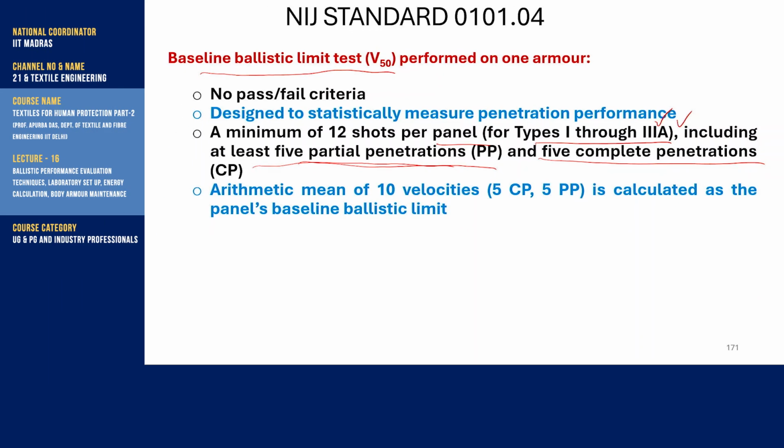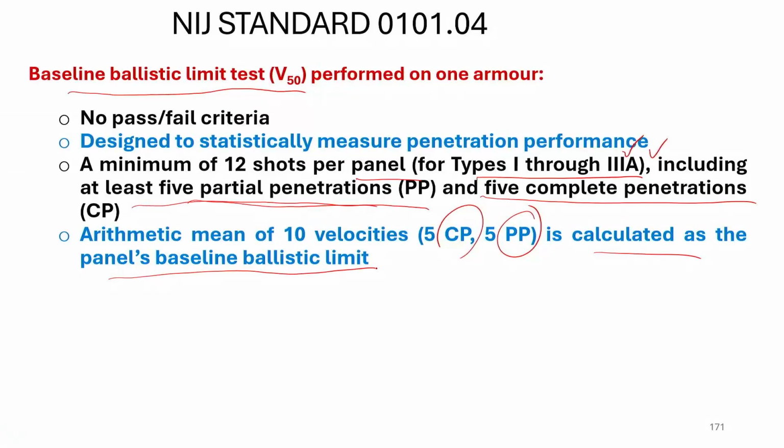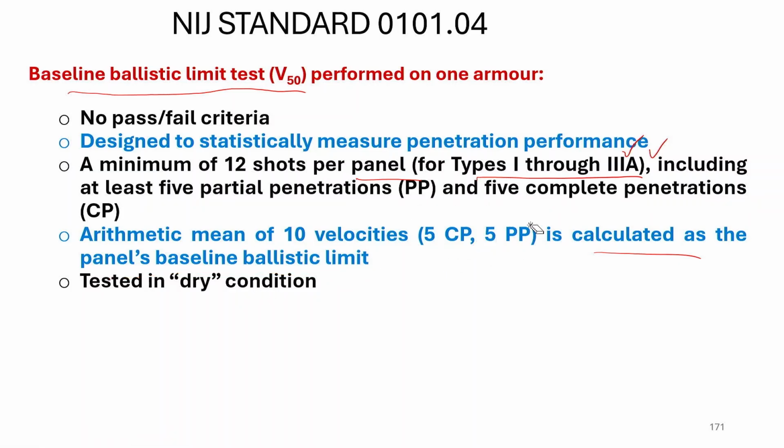Then the arithmetic mean of 10 velocities, 5 for complete penetration and 5 for partial penetration, is calculated as the panel's baseline ballistic limit. So, first we are calculating the baseline ballistic limit, and these are tested in dry condition.